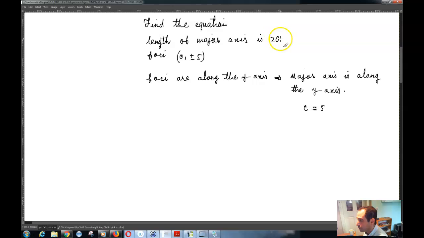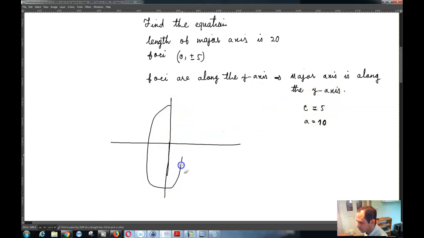And the length of the major axis is 20. If the length of the major axis is 20, that means that your A is equal to 10. Suppose that the major axis is along the y-axis.